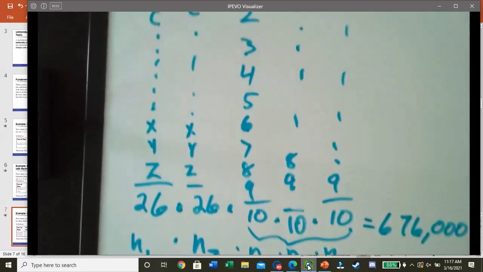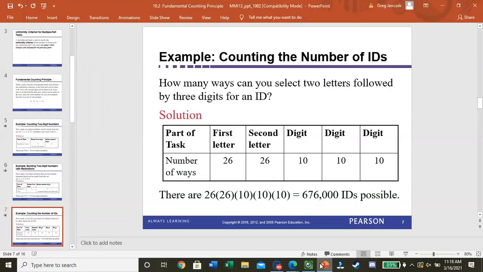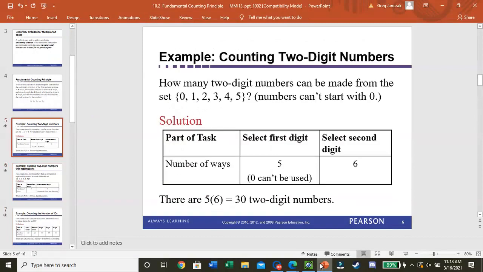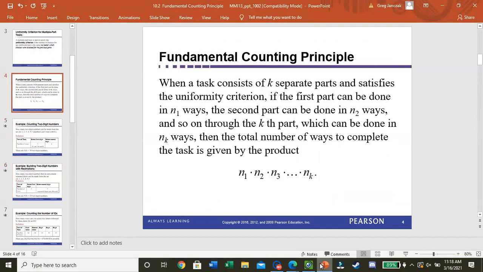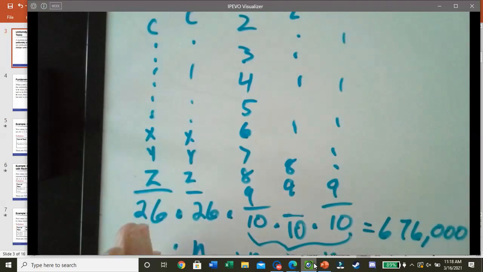So when we were talking about the uniformity of criterion back here, each one of these is uniformity.